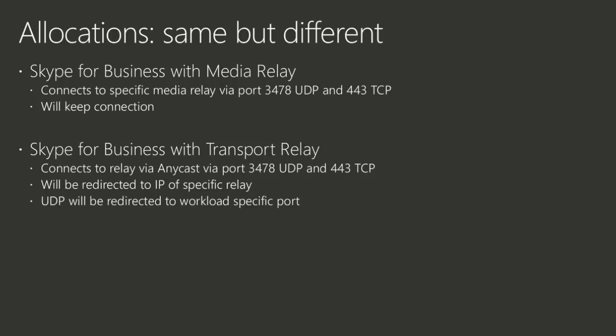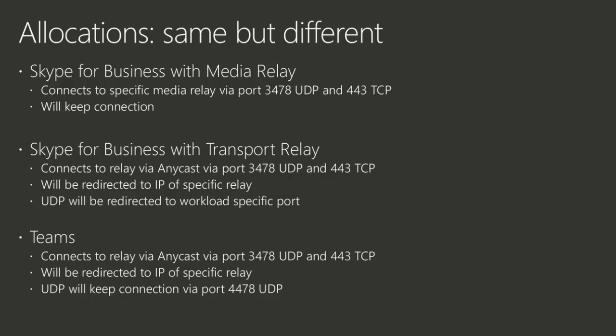First, here's a new IP. Don't talk to the Anycast IP, talk to this specific server that you're going to use for this call. So it will redirect me to a different IP, and then it will also give me a different port based on my workload. So if this is an audio call, it will tell me, hey, that's audio. You should talk to 3479, or it's video, 3480, or it's desktop sharing, 3481.